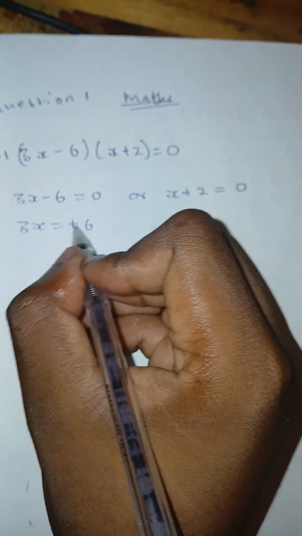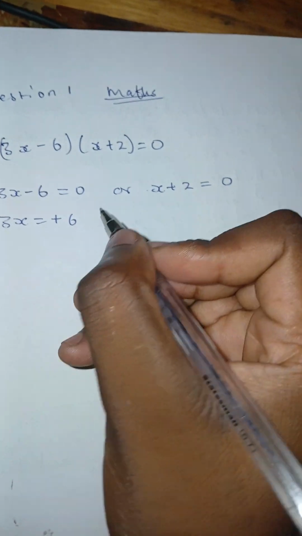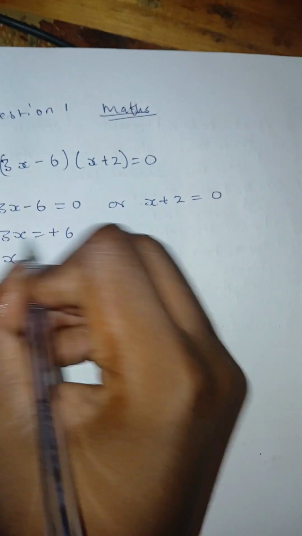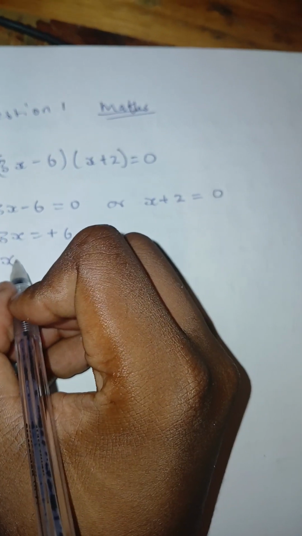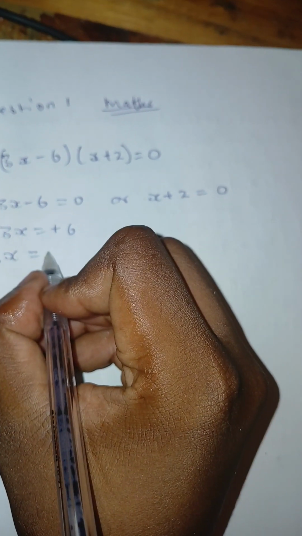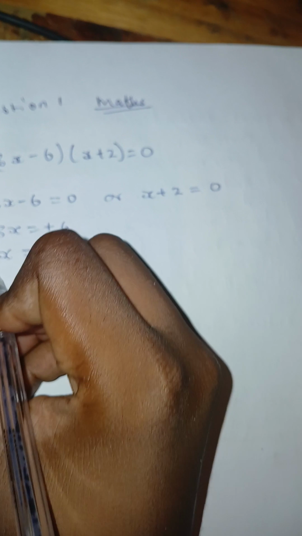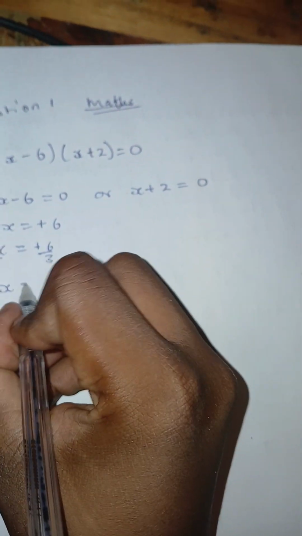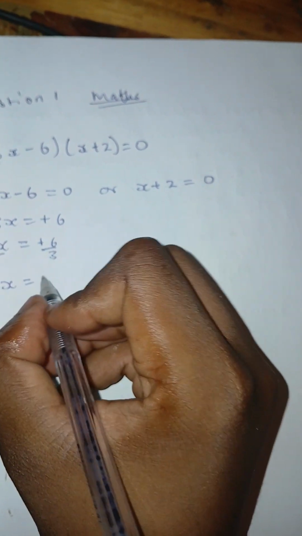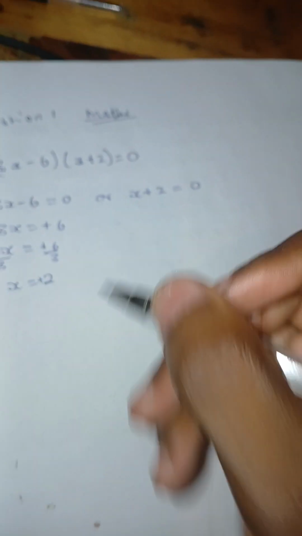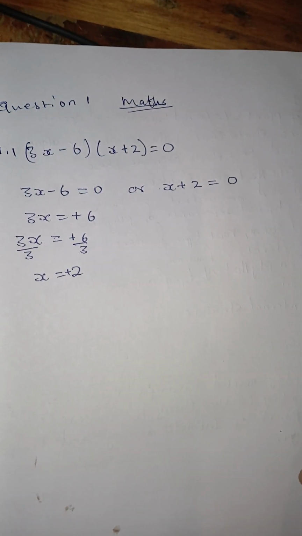And then you can see that we have 3x is equal to 6, and then we can divide both sides by 3. 3 goes 2 times in 6, so x is equal to positive 2.